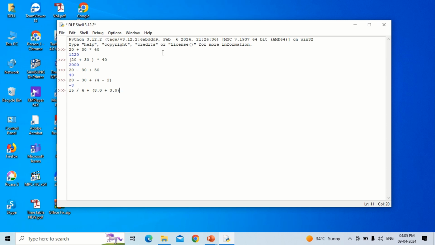Then it will perform 15 divided by 4. Then that will be added with 11, because between plus and division, the higher precedence is for division. So therefore the answer will be 14.75. This is how the precedence of an operator works, and using braces you can overcome the precedence of an operator.